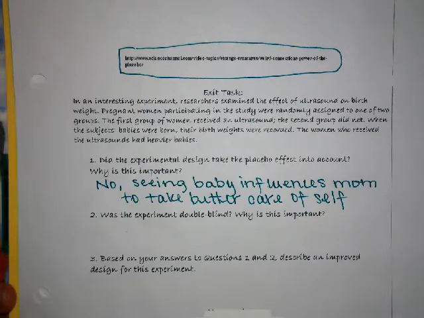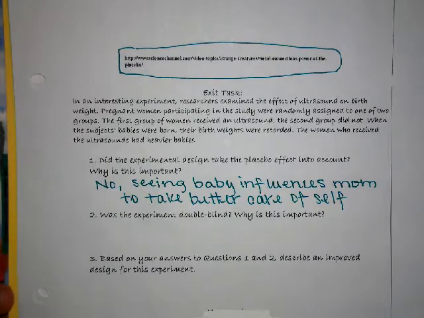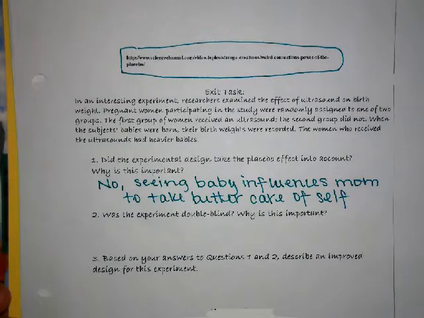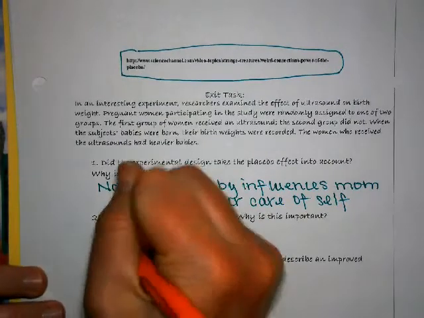The people who recorded the birth weights probably could be blind, although they have access to all your medical records when they're helping you in labor and delivery. They could bring in somebody who hasn't had access to your medical records and say, hey, you get to weigh the baby. But the mom, for sure, is going to know she had an ultrasound. So no, it's not double blind. Mom knows she had an ultrasound.